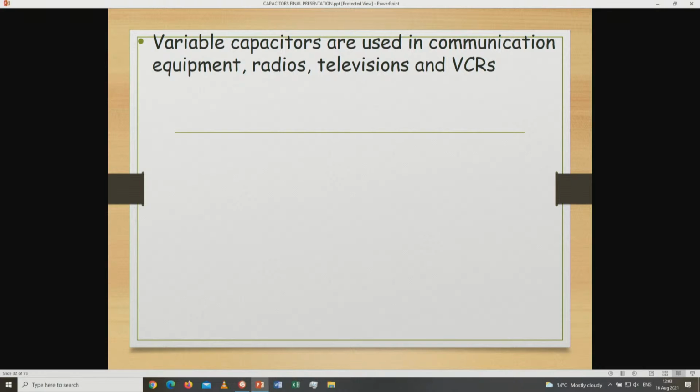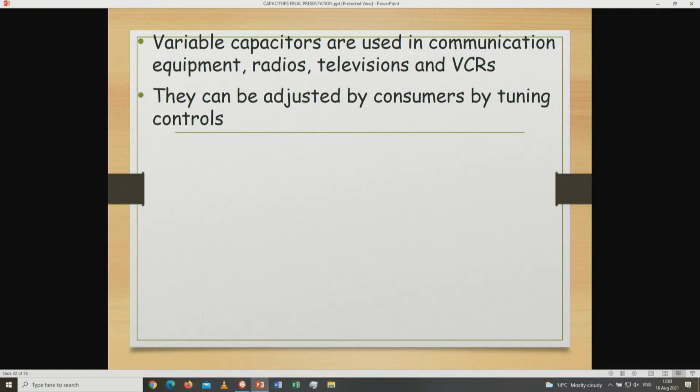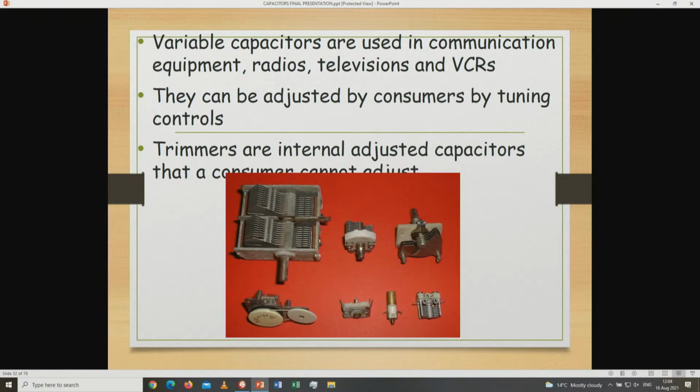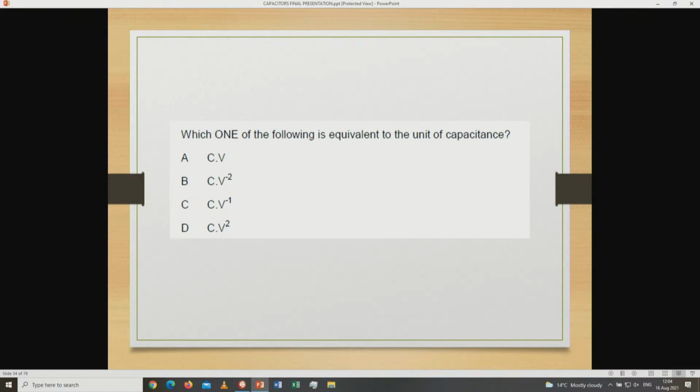Variable capacitors are used in communication equipment, radio, television, and VCRs. They can be adjusted by consumers with tuning controls. We also have trimmers. These are internally adjusted capacitors that you cannot adjust by yourself. These are the pictures and examples of these capacitors.